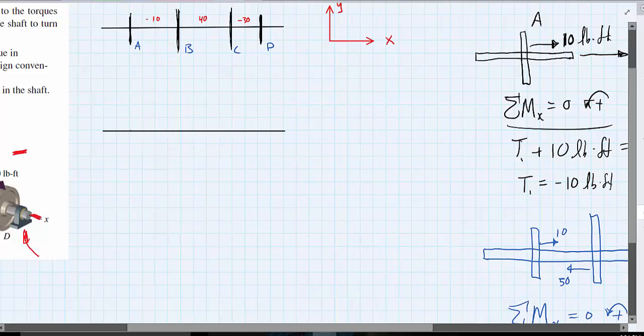So what I'll do is I'll start at A. We'll start at A, and we'll go down negative 10, and that's going to stay consistent for the entire length of member 1.